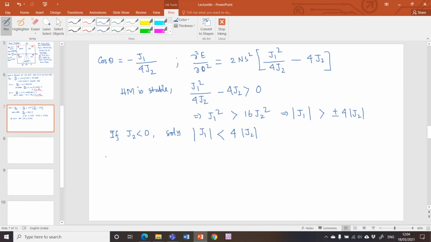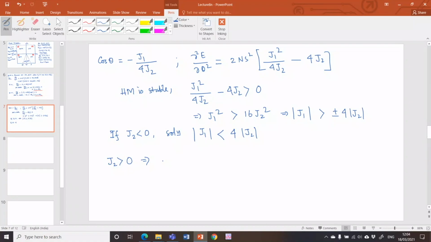Okay, so let's say if J2 is greater than 0, so then let's say mod J2 is greater than 0. So in that case, basically, what will happen?